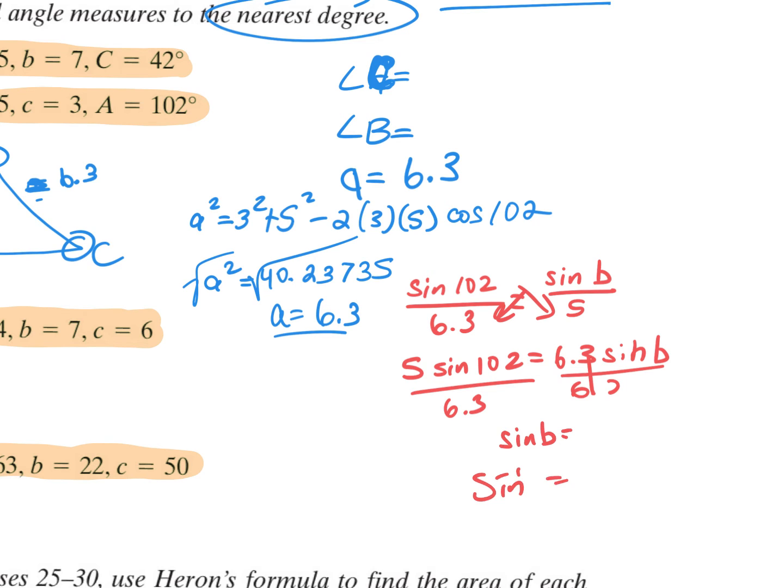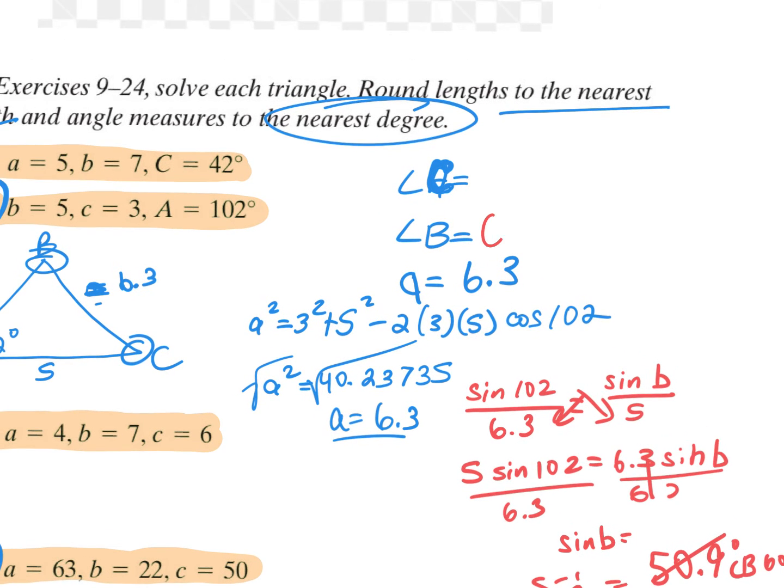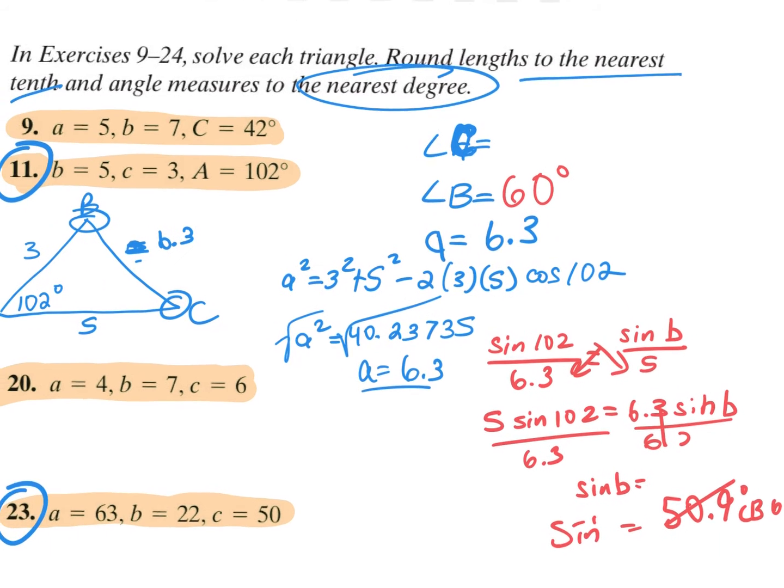So I want second sine, second answer. And I get that angle B is about 50.9 degrees, right? The directions say to round to the nearest degree. So you would say angle B is about 60 degrees.